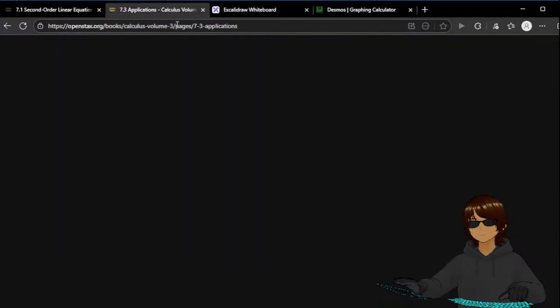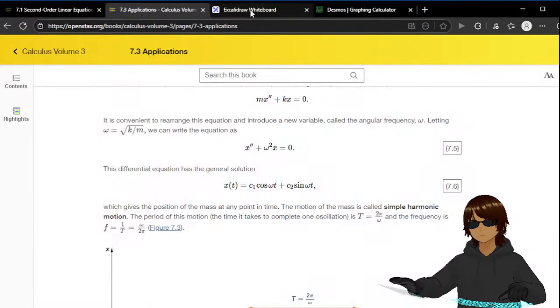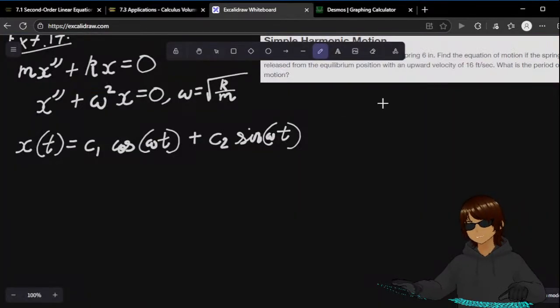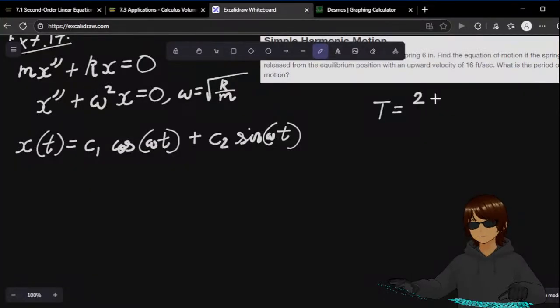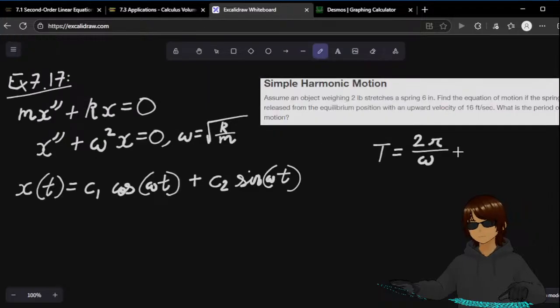So there we have this, and then the period is 2 pi over omega.